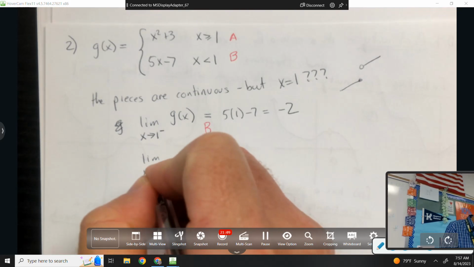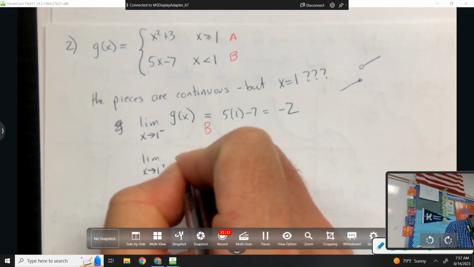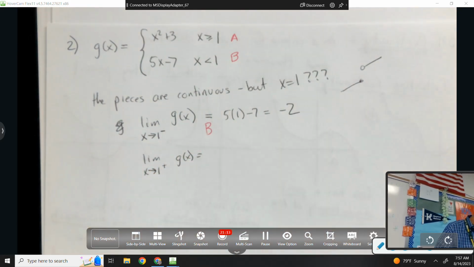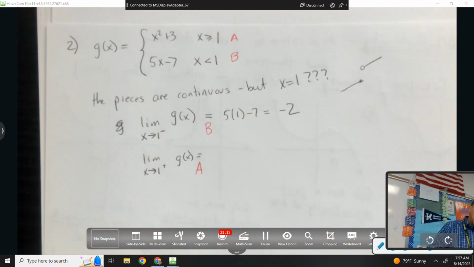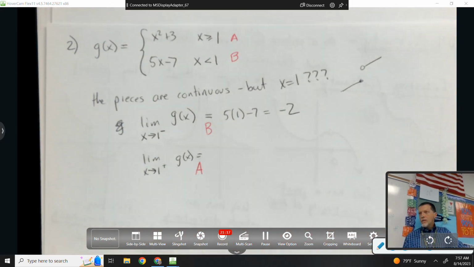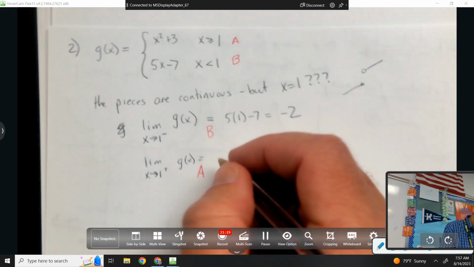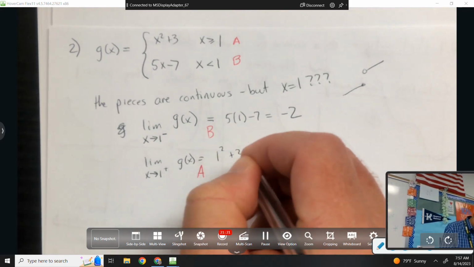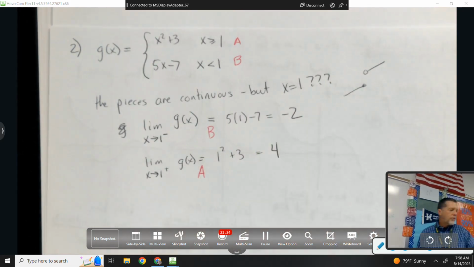And then the limit as x approaches 1 from the right, that would put us on part A, because we're plugging in 1.000000001. And we get 4. So what does that mean?